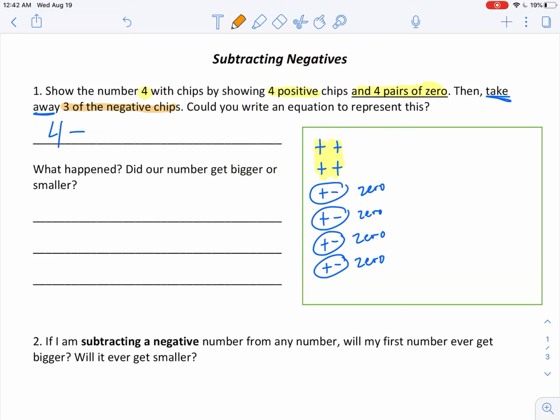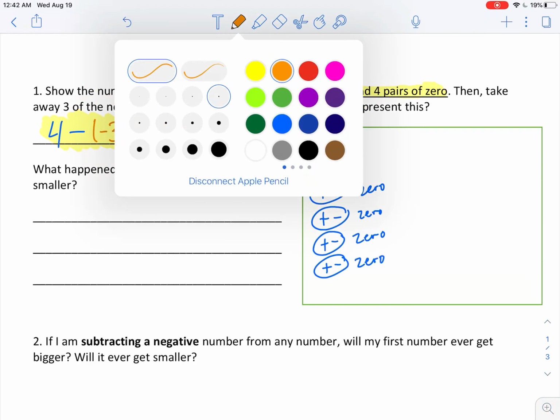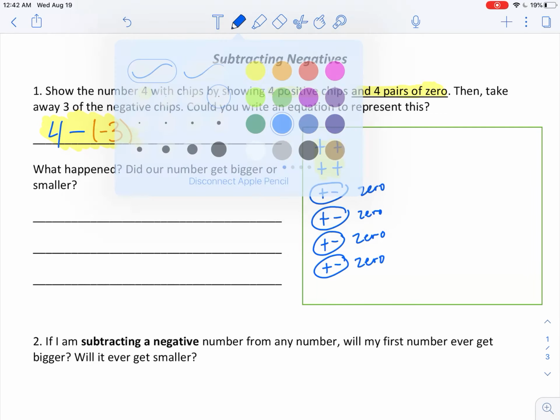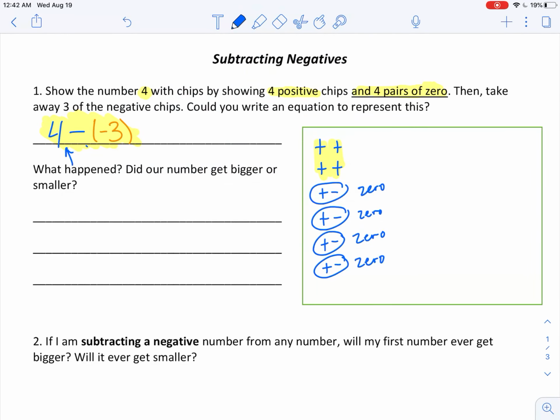So 3 negatives. So this expression right here is saying start with 4 and then take away 3 negatives.